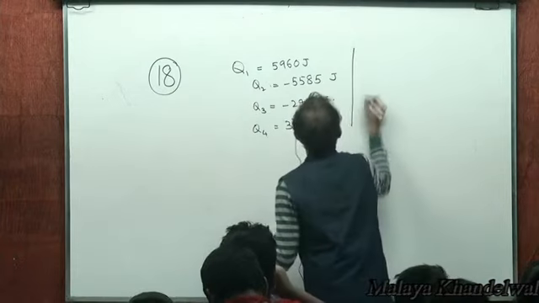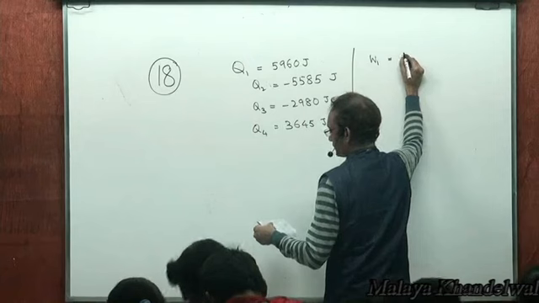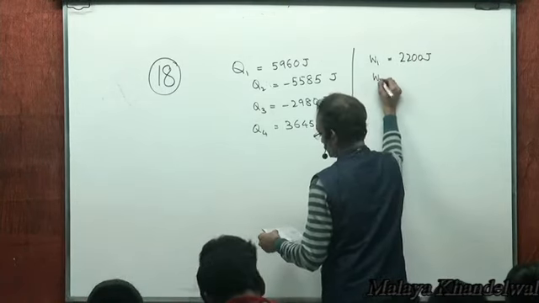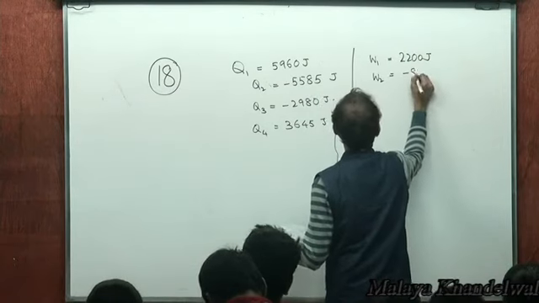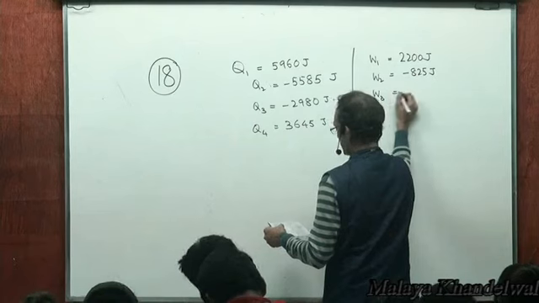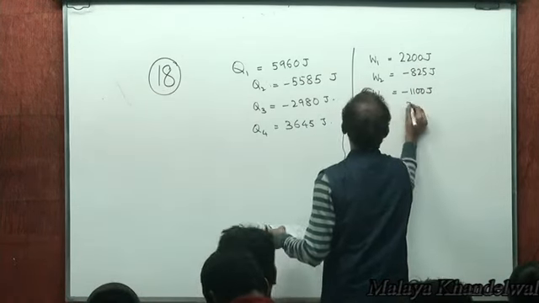And the work involved in the various processes, W1 is given to be 2200 joules, W2 is minus 825 joules, W3 is minus 1100 joules, and W4 we need to know.